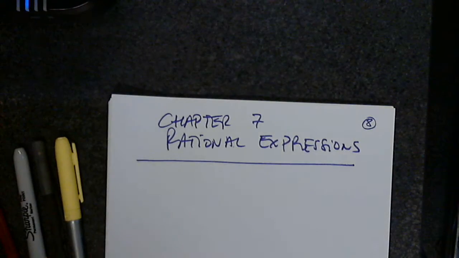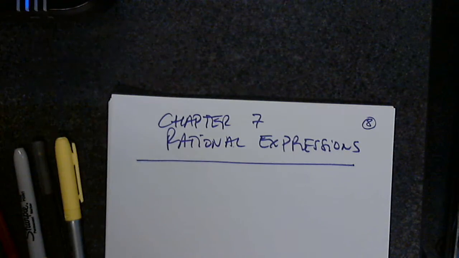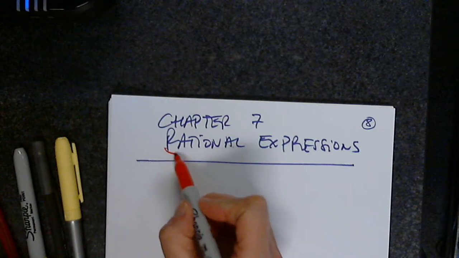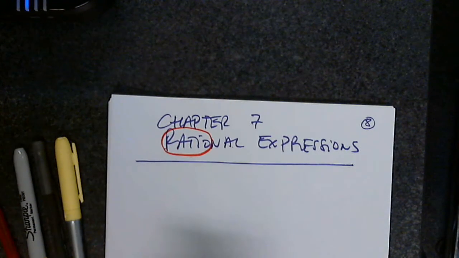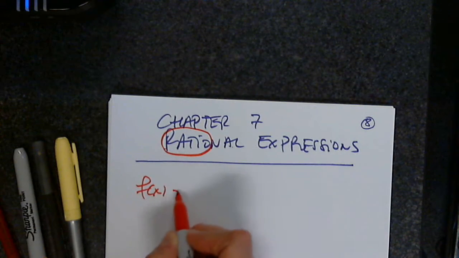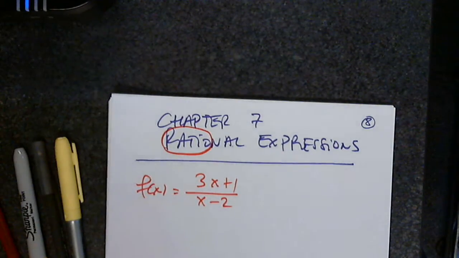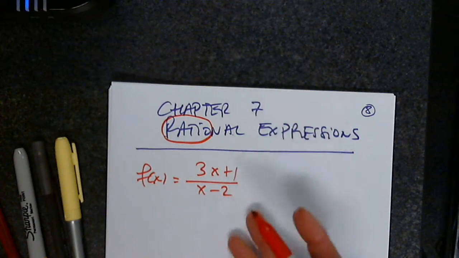Okay. Can anyone give us an example of a rational expression? So first of all, ratio is the key word here, right? So it has to have a fraction. So f of x, for example, is 3x plus 1 over x minus 2. A ratio of 2 polynomials.